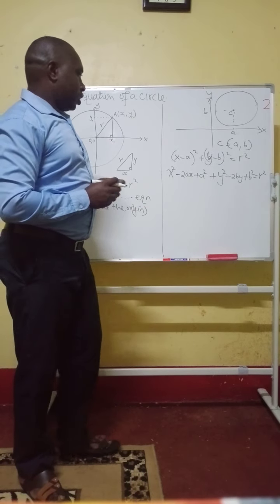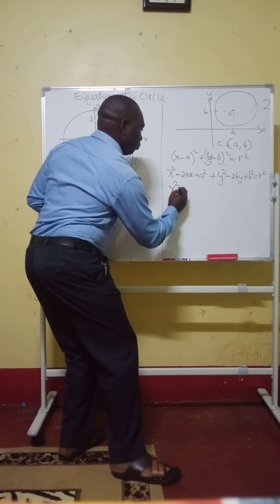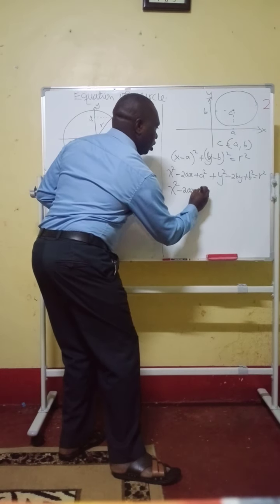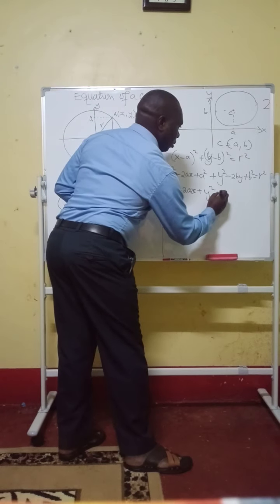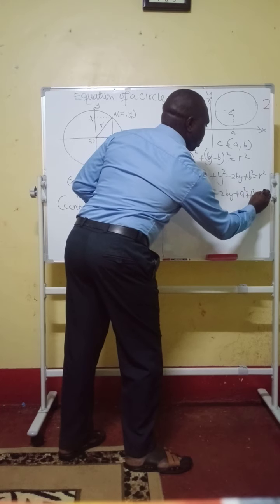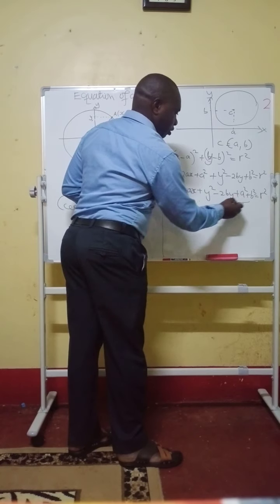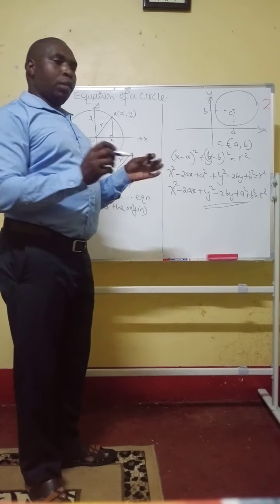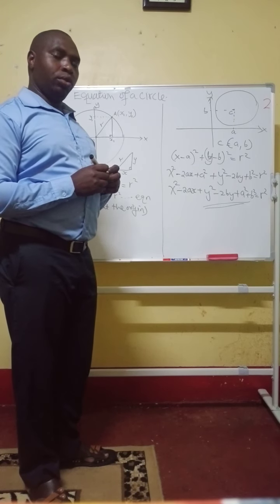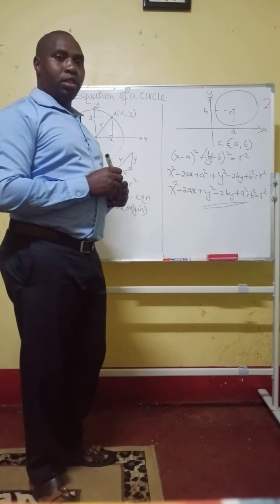Now, this can be simplified as follows: x squared minus 2ax plus y squared minus 2by plus a squared plus b squared is equal to r squared. This is the equation of a circle when the circle is drawn at any other point apart from the origin. Now, I want us to do one simple example to illustrate how this can be done.